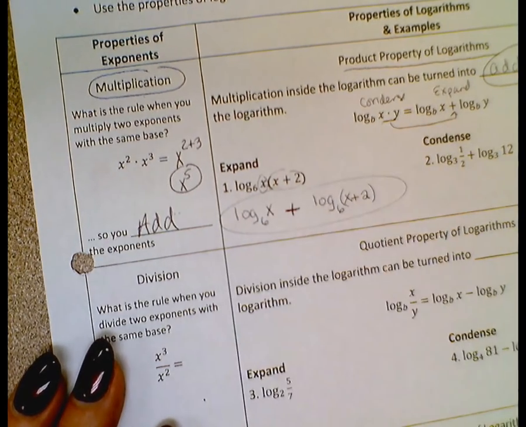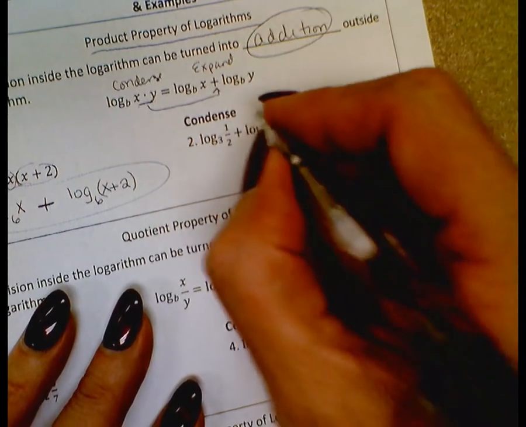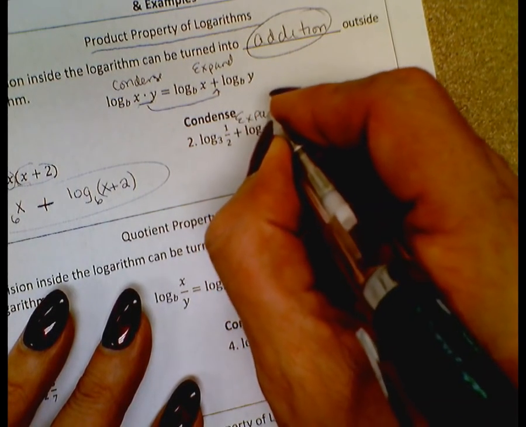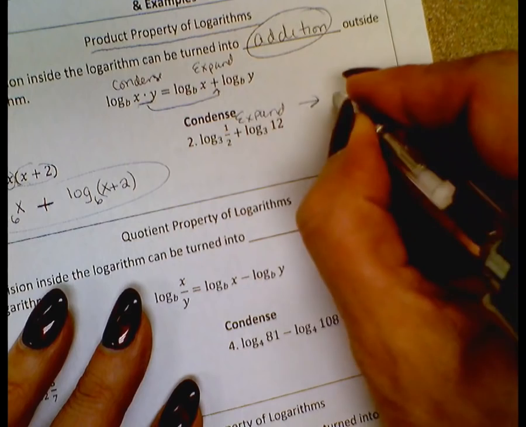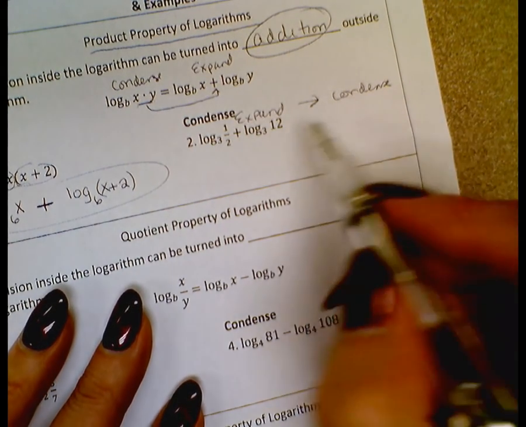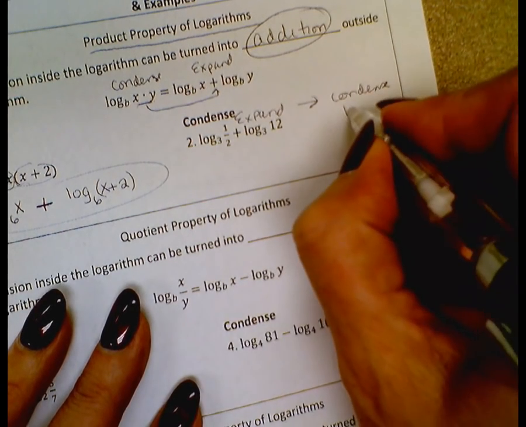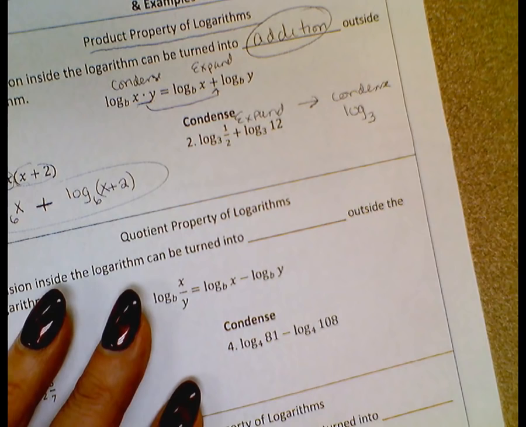No calculator or anything. So in this one, this is already expanded. So this is expanded form. So this time we're going to condense. So what does that mean? It means right now there's 2 logs with base 3. What you're going to do is write 1 log with base 3.